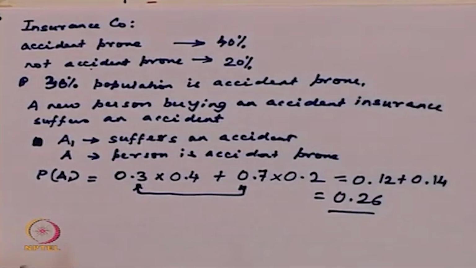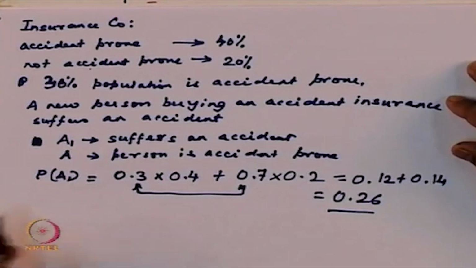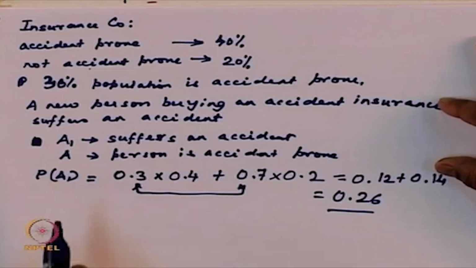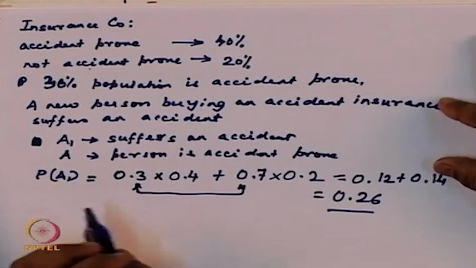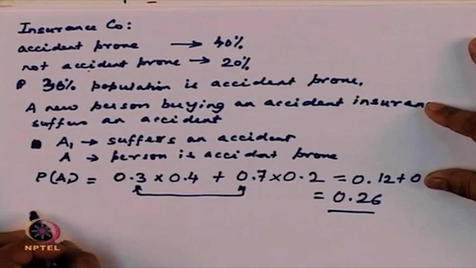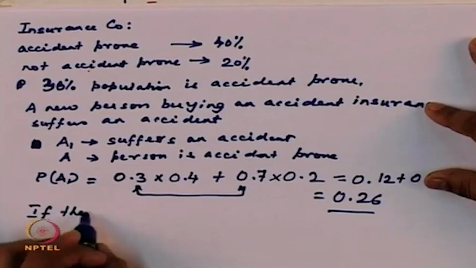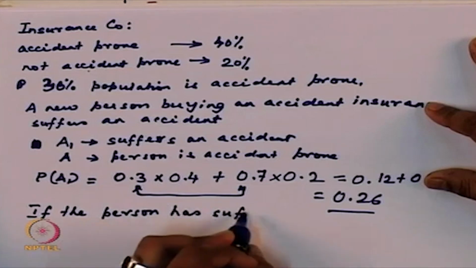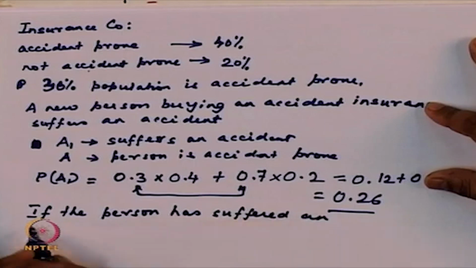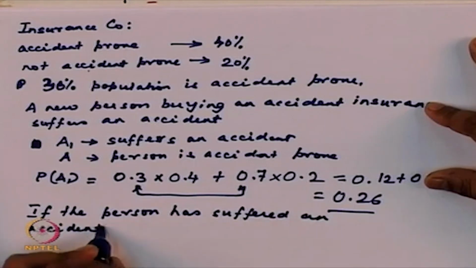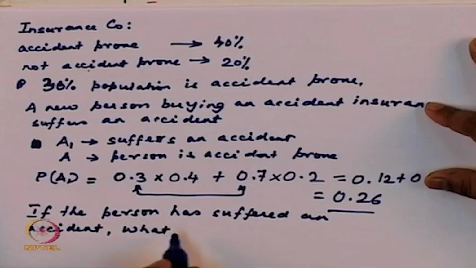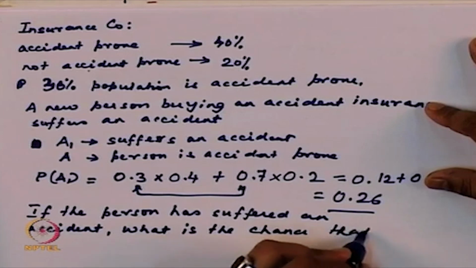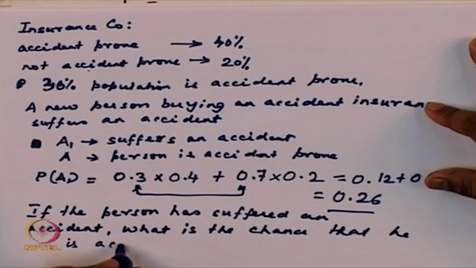Let me modify this question and ask: if the accident has already happened, if the person has suffered an accident, what is the chance that he is accident prone?